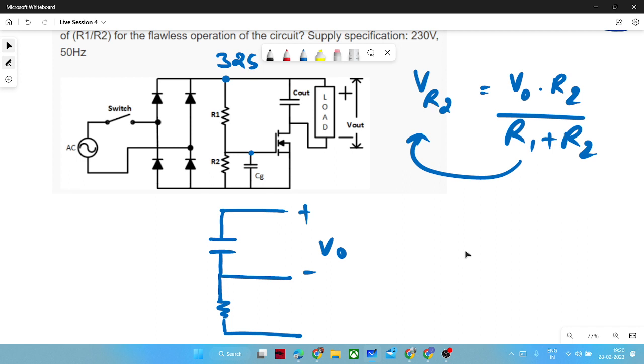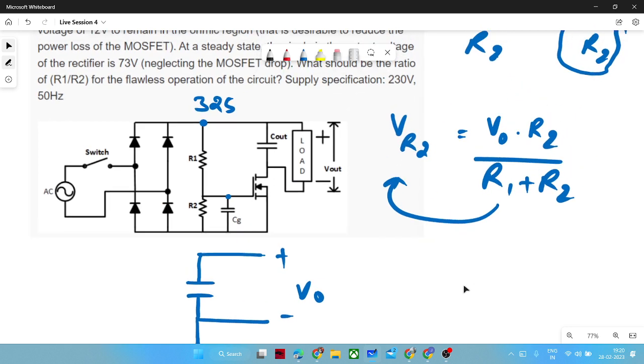So I think everyone must understand this. You should not take the average value here at the output. Wherever a question has some condition regarding minimum or maximum, at that time you need to see both the limits, right? So here we need to specify that it should be less than 12 volts, such that this MOSFET will offer the highest resistance.